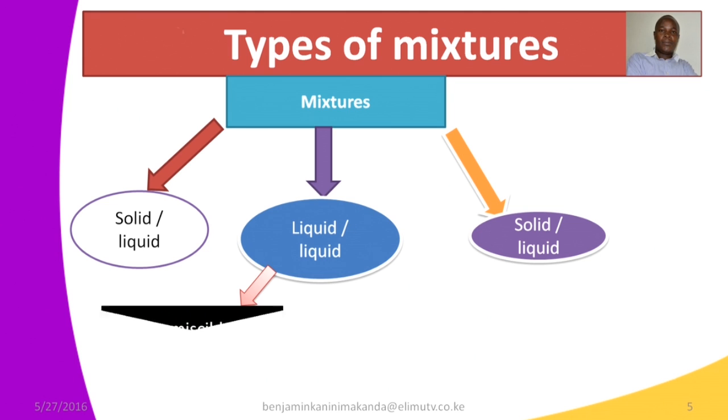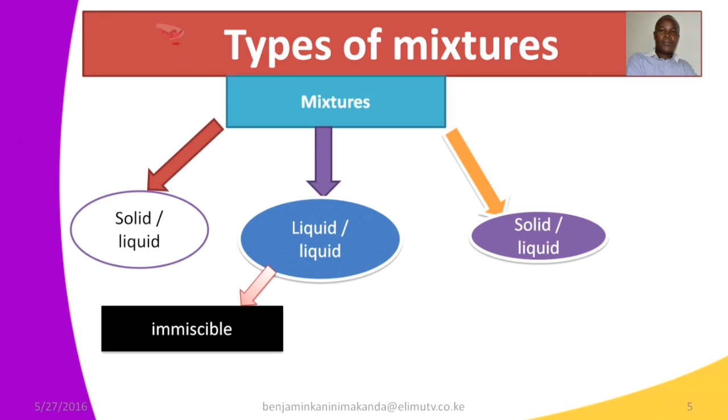Now under liquid mixture, we have this one here. We have immiscible liquid mixture, and in this case, immiscible liquid mixtures are those liquids that when mixed, they form distinct layers. The two or more liquids that are being mixed don't form a homogeneous or uniform solution.